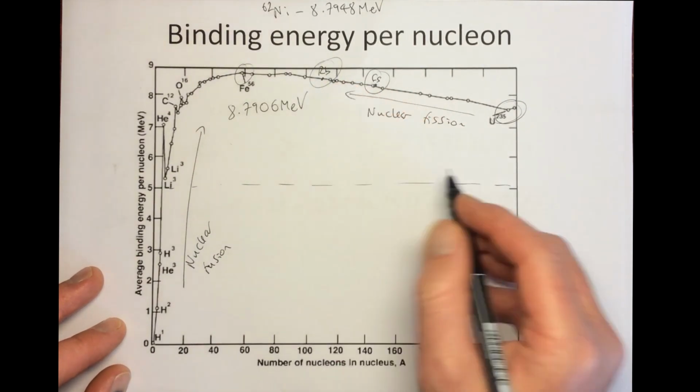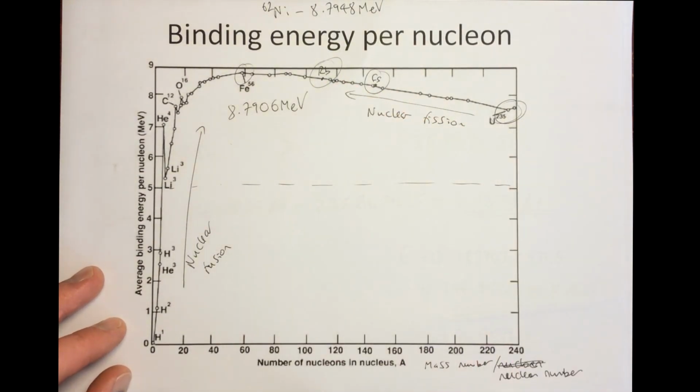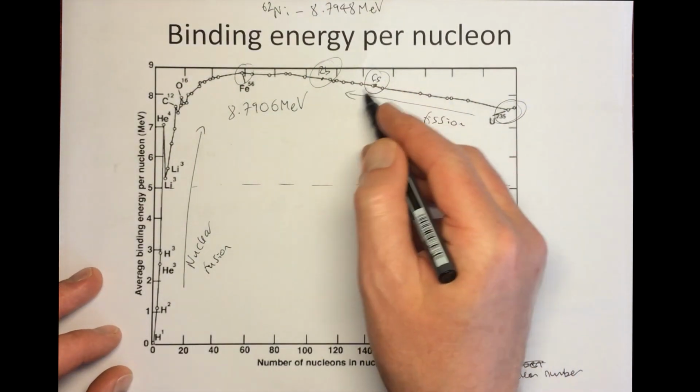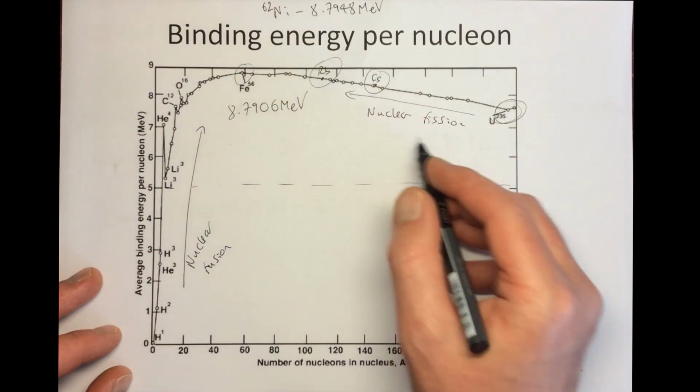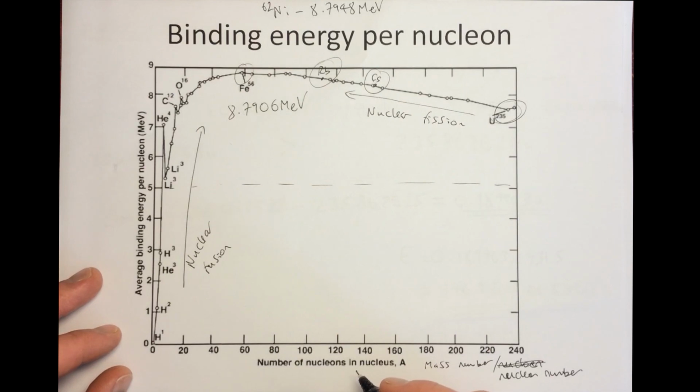Their nucleons are more tightly bound than the nucleons in uranium-235. The nucleons of these in the nucleus of cesium and rubidium are in a lower energy state. They've got less potential energy than the nucleons in uranium-235, and that means that they're more tightly bound. They must have released energy to become more tightly bound. Okay, in the process of losing potential energy, they've released energy.